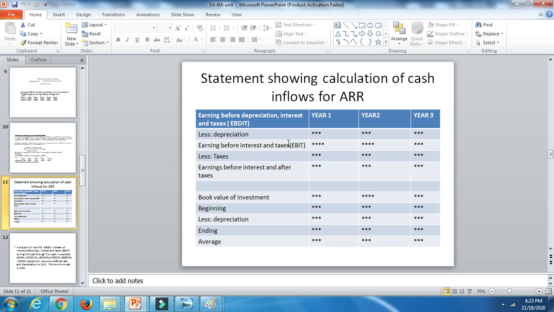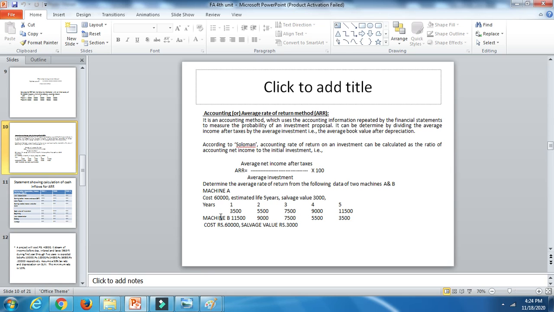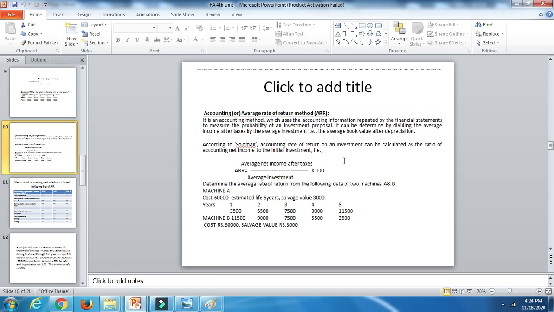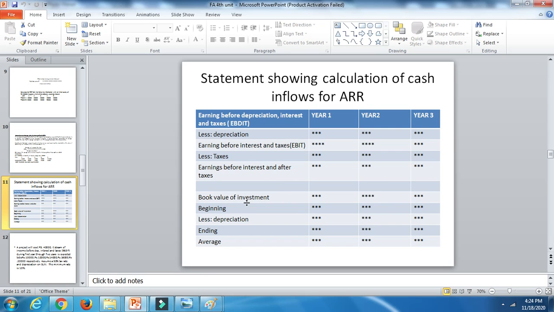Remember this, simple. If he gives you earnings before depreciation and tax, you need to deduct the depreciation as well as the tax. These first four lines, depreciation, earnings, taxes, are the part for the numerator, average net income after taxes. For the denominator, book value of investment.